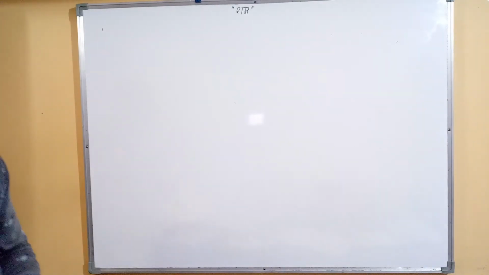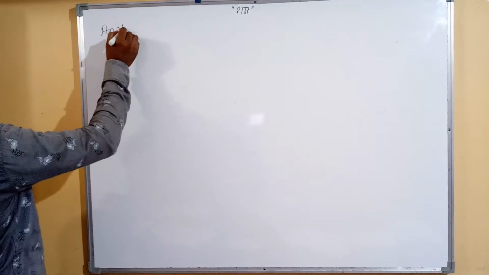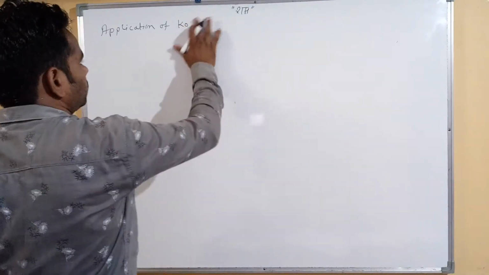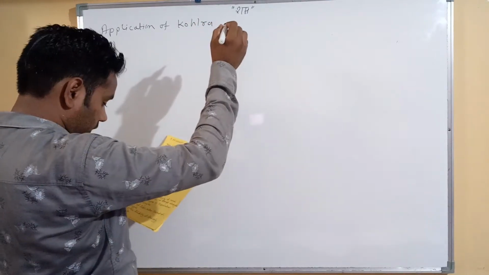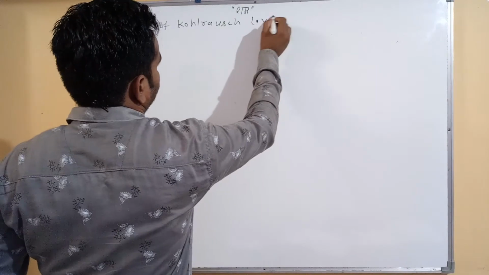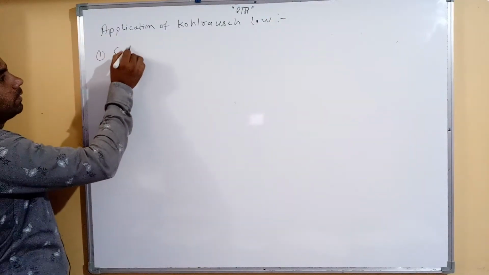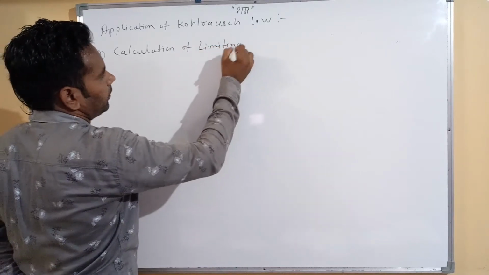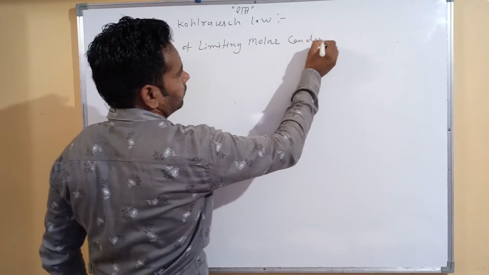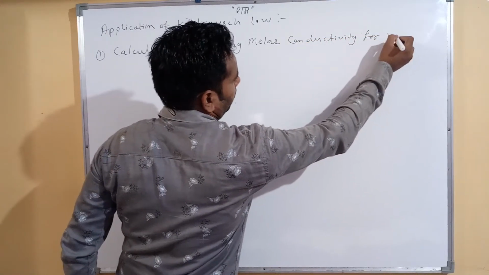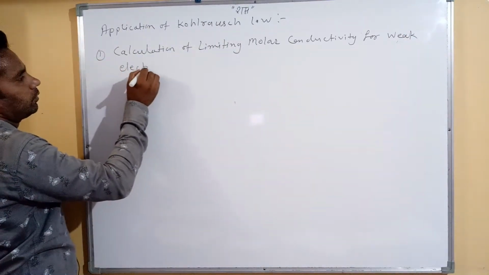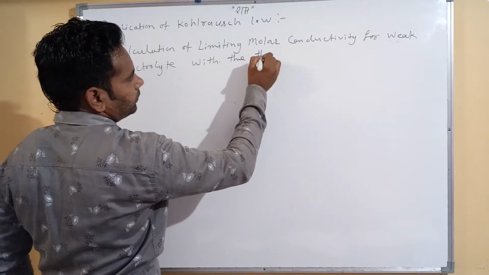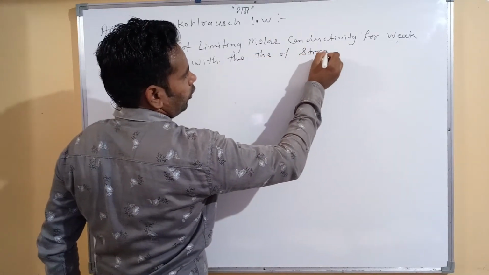Applications of Kohlrausch's law. First is calculation of limiting molar conductivity for weak electrolytes with the help of strong electrolytes.